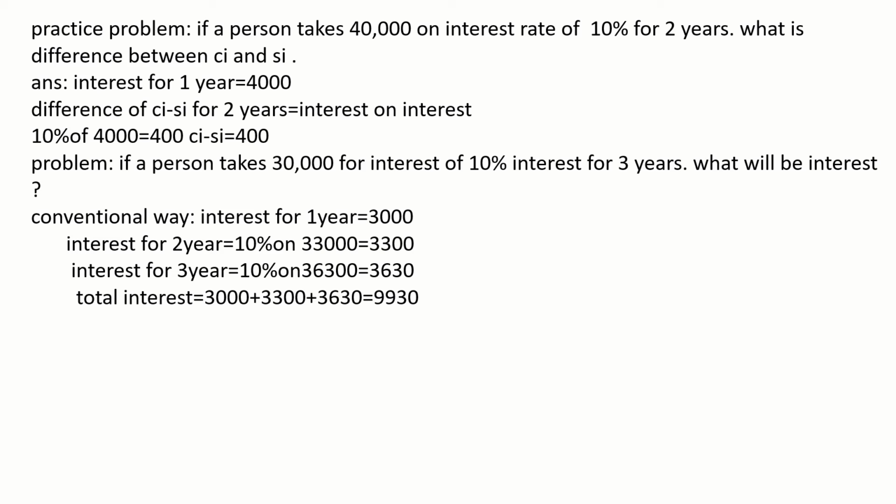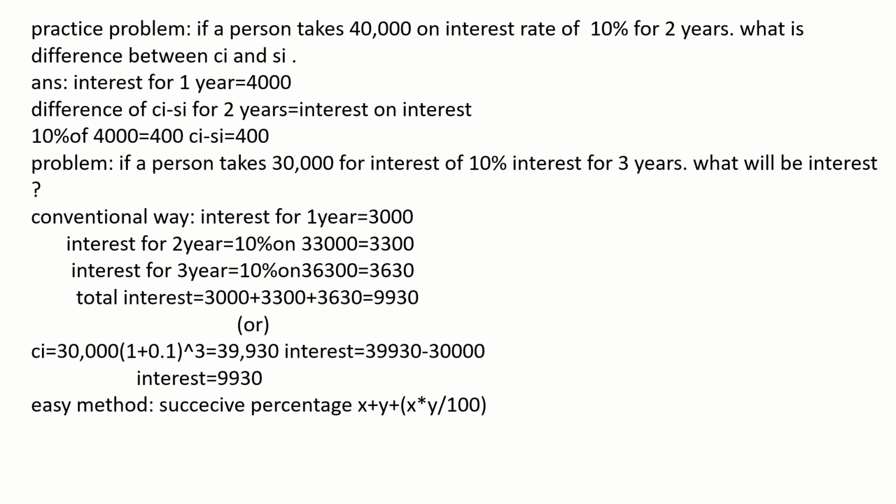If you know the successive percentage concept, it will be very simple. In successive percentage, X percent increase, then Y percent increase successively, you get the formula X plus Y plus XY by 100. So here 10% increase and 10% increase successively will give 21% increase.